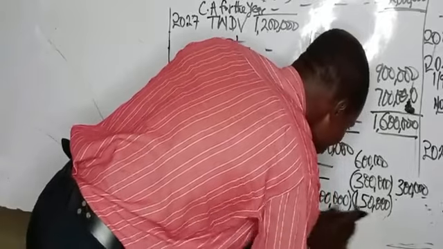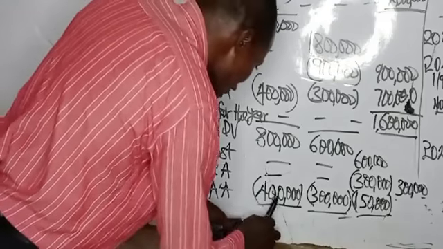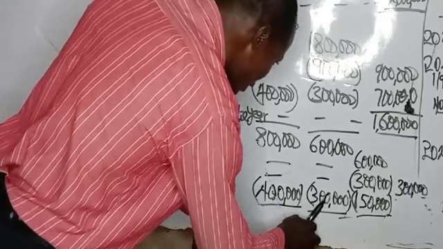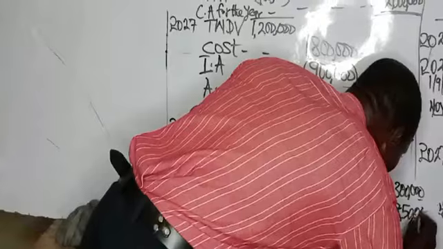Then let's sum up our annual allowances. 400,000 plus 300,000, that is 700,000. Plus 150,000, that is 850,000.